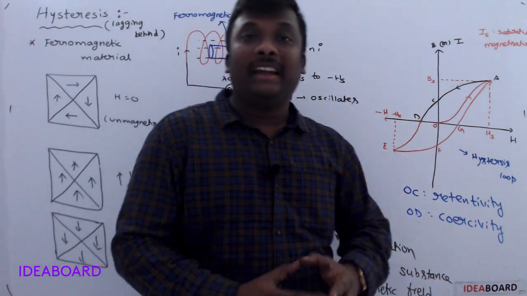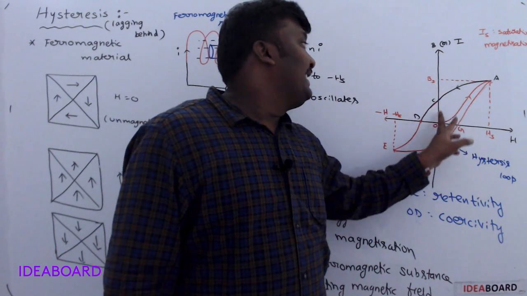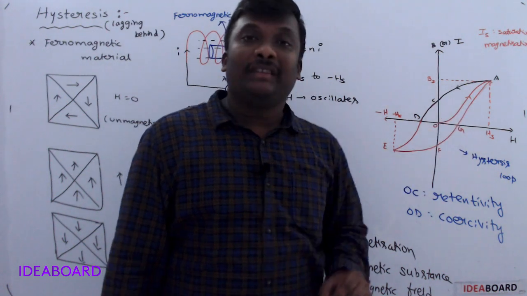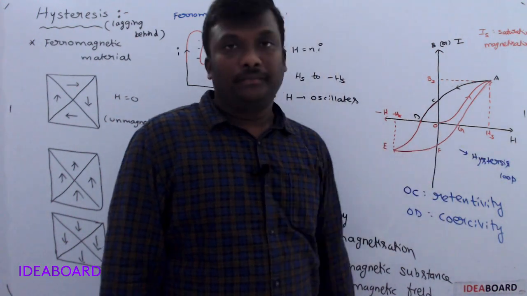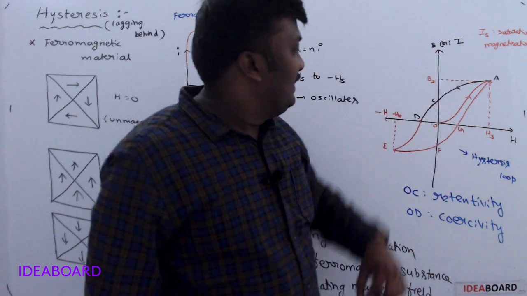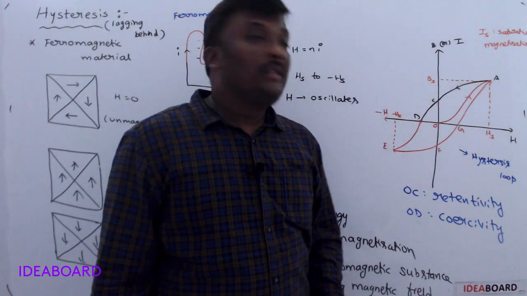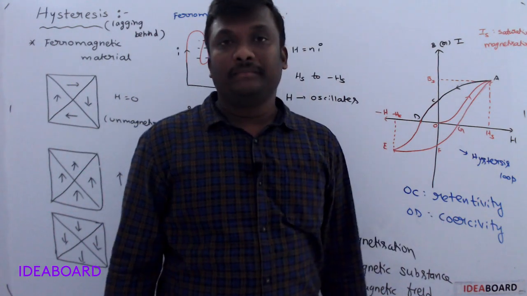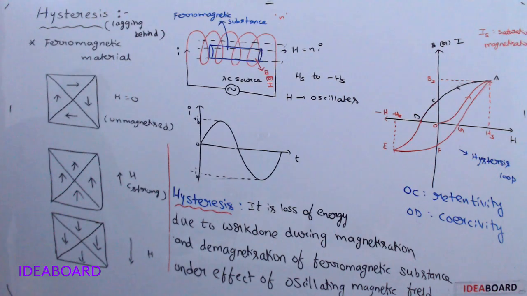So it is defined as the intensity of magnetization present within the specimen even when the magnetizing field is 0. And OD indicates the amount of magnetizing field required to destroy this retentivity. Understand? Note it down.